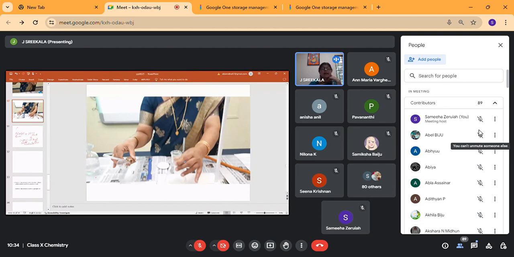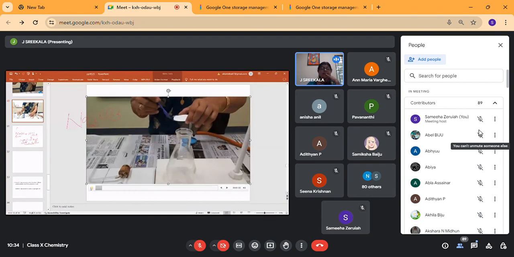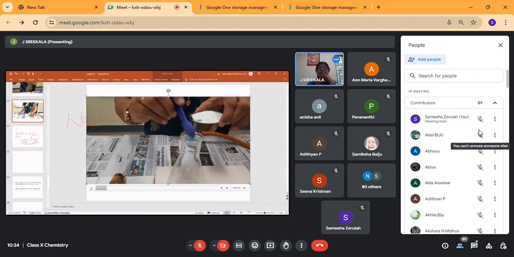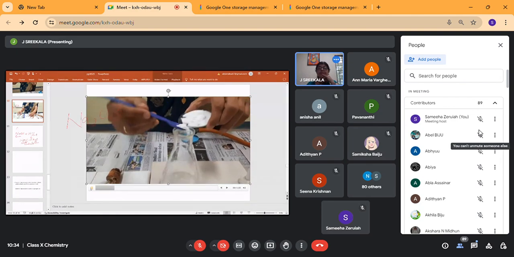Na2CO3. Yes, very good. Na2CO3 is taken. Now we will see what is done next.